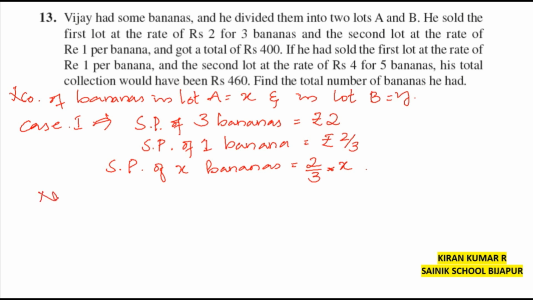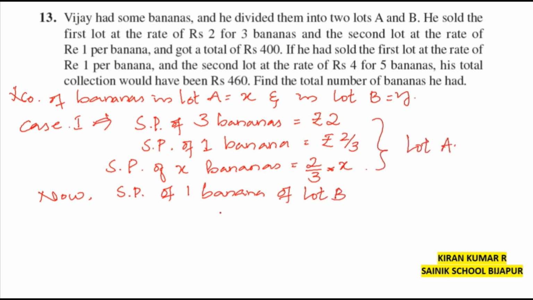This was for lot A. Now for lot B, the selling price of 1 banana is ₹1. So the selling price of Y bananas will be ₹Y.